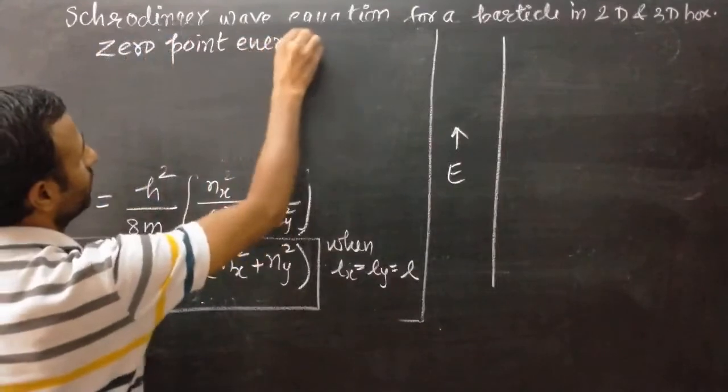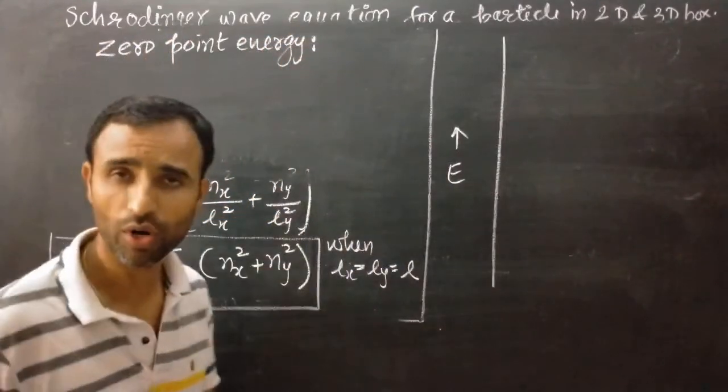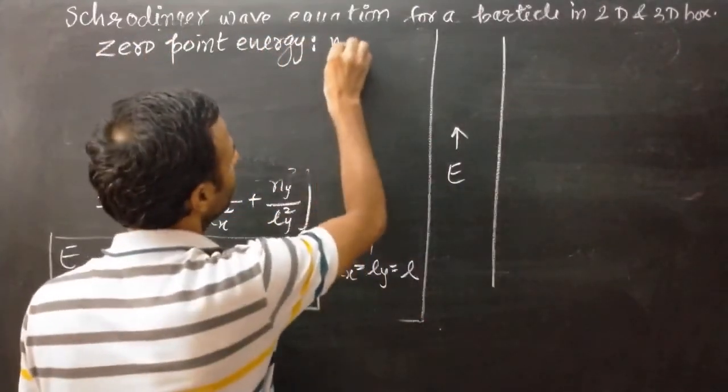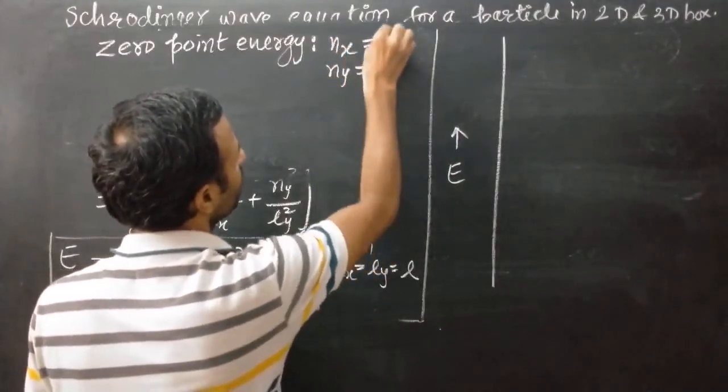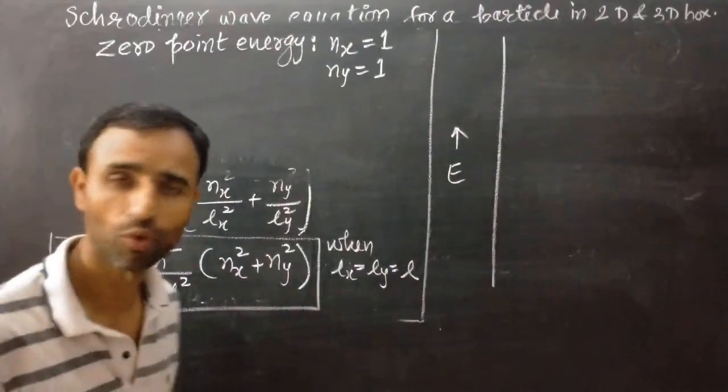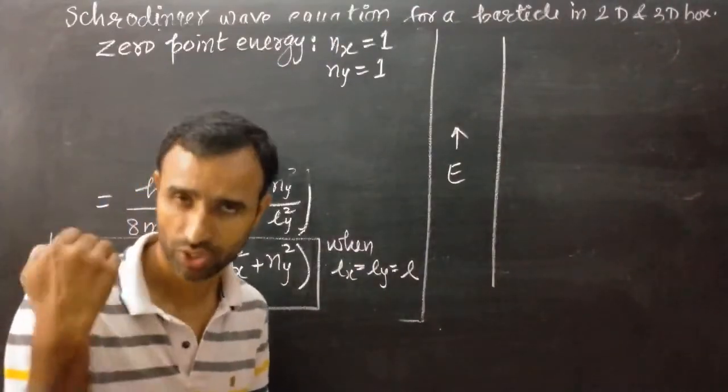So the zero point energy for a particle in a 2D box comes out when nx is minimum and ny is also minimum. So the minimum value of nx and ny both is 1, right? Because it starts from 1.